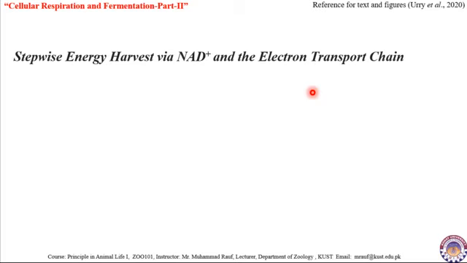NAD+ is an oxidized form, and when it accepts electrons from the substrates during glycolysis or during the Krebs cycle, then it becomes reduced and converted into the NADH form.